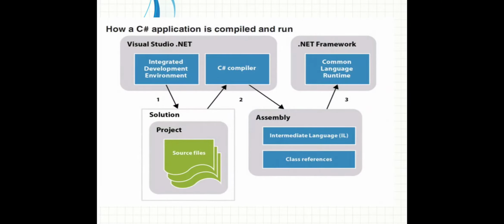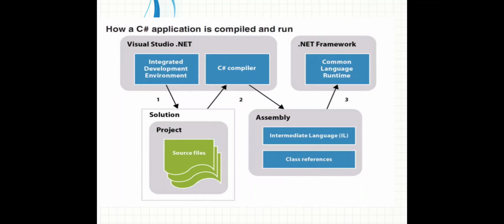Whenever we create a program in the IDE, in the Visual Studio .NET environment, a project has not a single file but multiple files, and they are compiled by the C# compiler. After the compilation we get the IL, intermediate language code, that is stored in the assembly. The assembly also uses the class references we have included in our program.